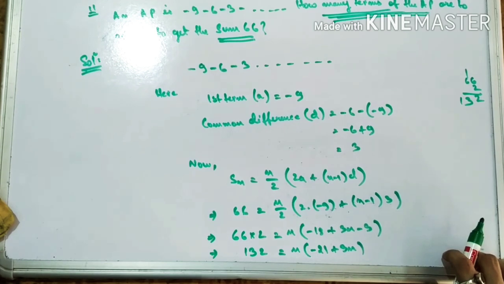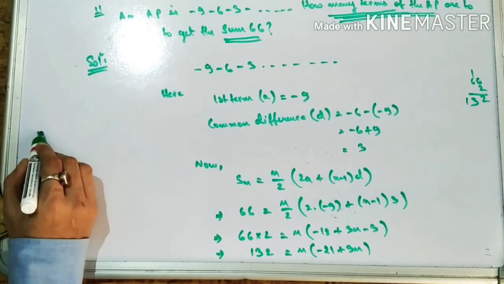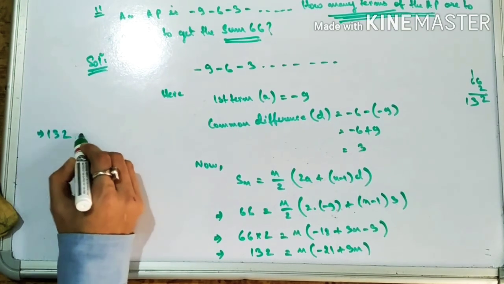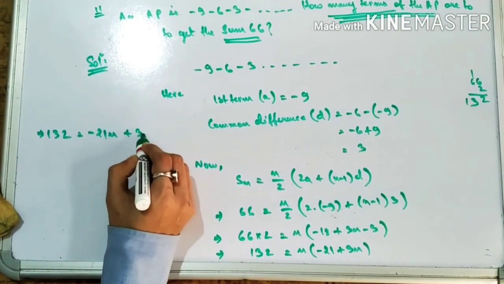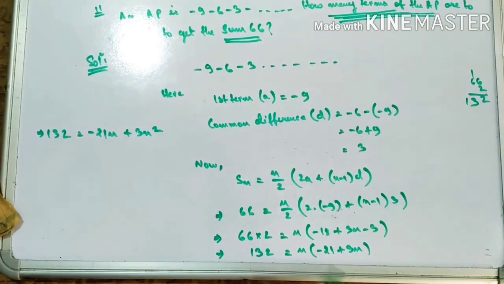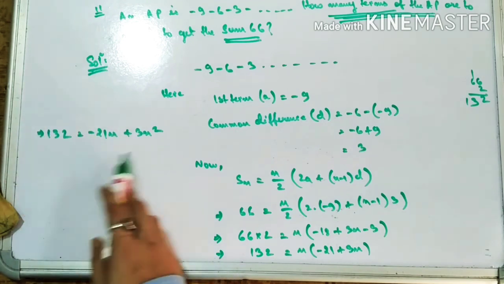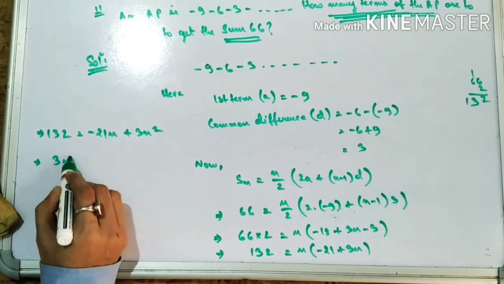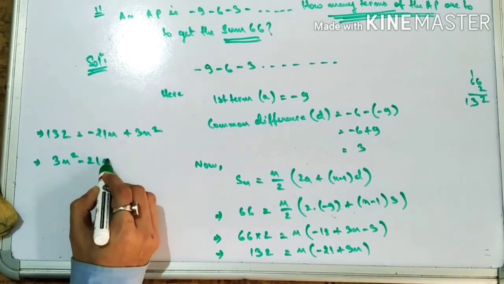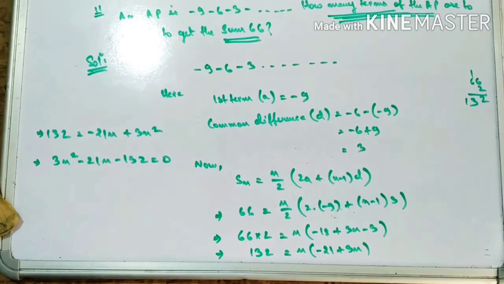Now if I multiply this by n, I get 132 is equal to -21n plus 3n square. This is coming in the form of a quadratic equation, so I can write it as 3n square minus 21n minus 132 is equal to 0.